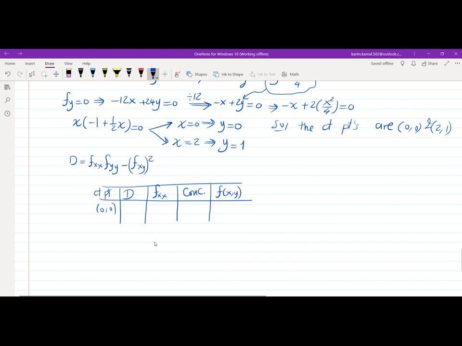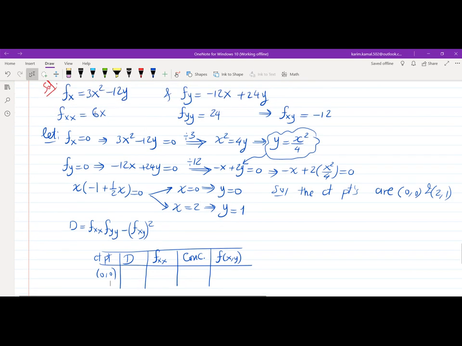And if you take a look at the values, fxx will be 6x, fyy is 24, and fxx is always negative, which will be negative 12. At the first point, D will be negative 12, which is less than 0, and there is no need to evaluate fxx since the D value is negative.